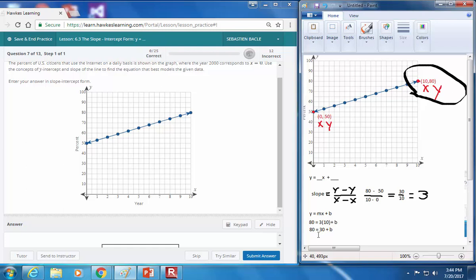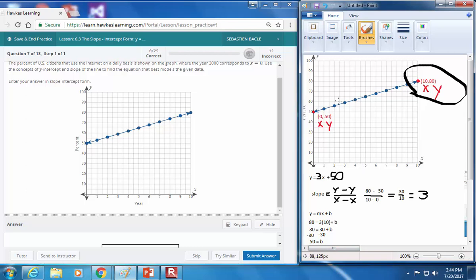And to solve for b, all you're going to have to do is subtract 30 on both sides. And so 80 minus 30 gives you 50 for b. So now I've got my slope and I've got my intercept, and I can just put both of those things in. My slope was the 3, so that goes in right here, and the intercept was the 50.